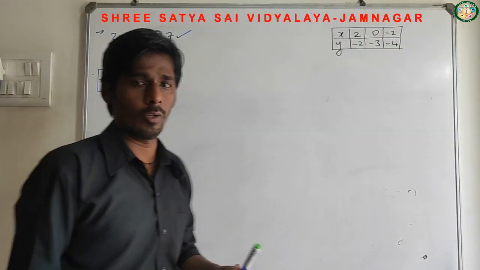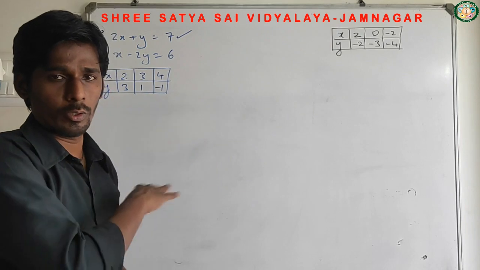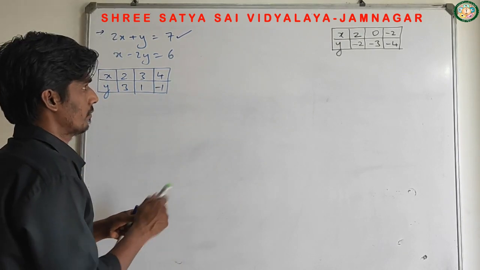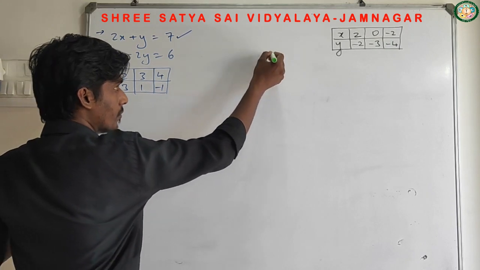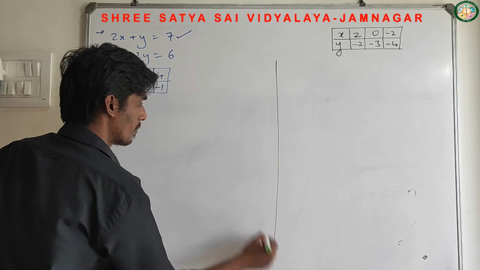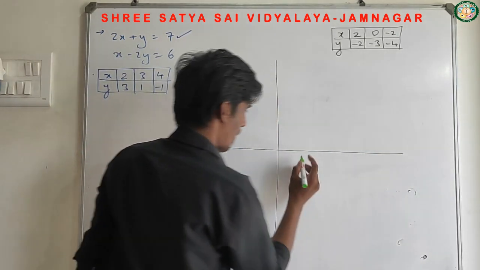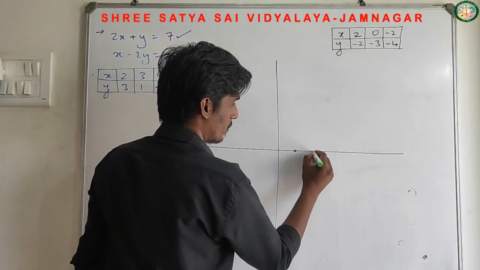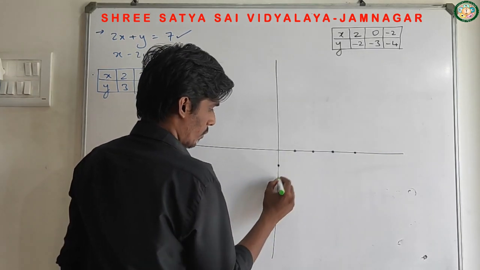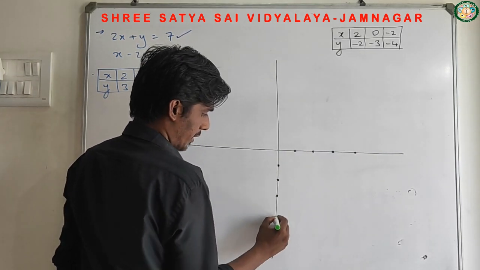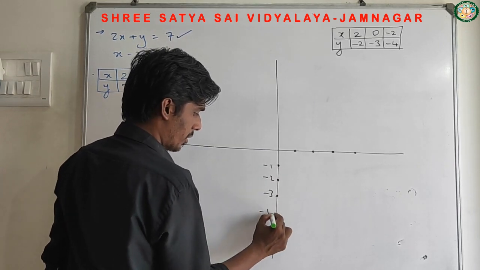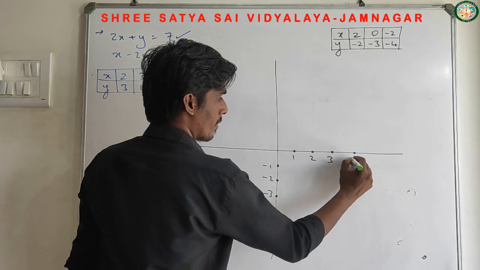It's minus 4. So I'm going to plot the graph till 4 only. 1, 2, 3, 4. 1, 2, 3, 4. Minus 1, minus 2, minus 3, minus 4.